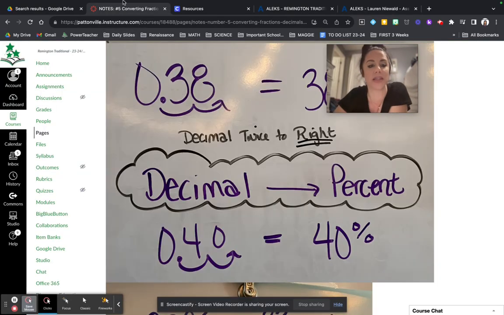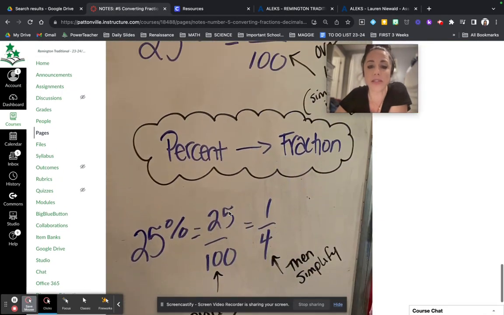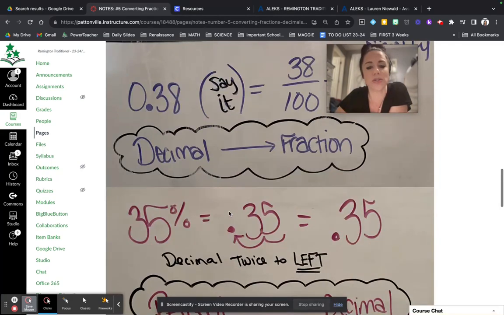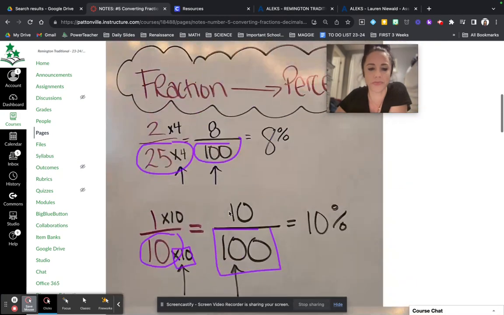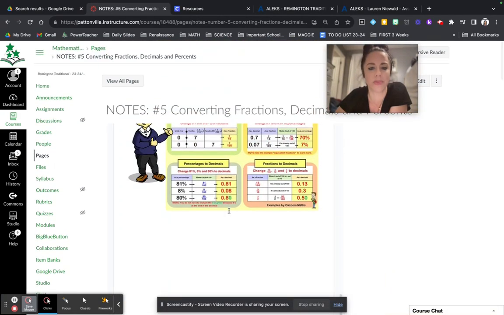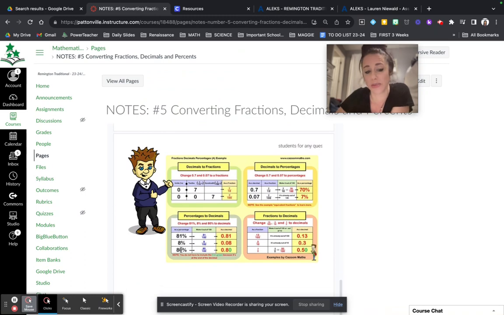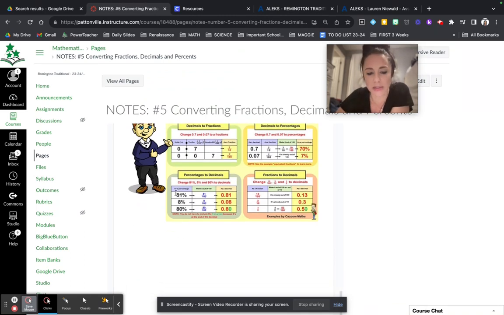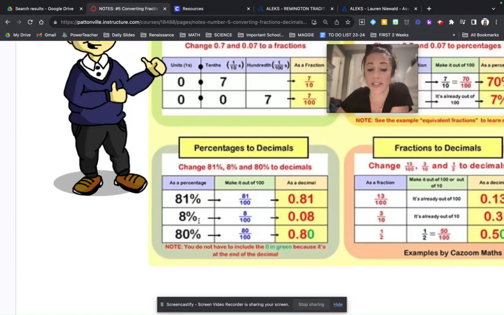So I'm going from a percent to a decimal. It's saying you want to make that percent out of 100, and then you're going to be able to write it immediately as a decimal. So let's see if that works.